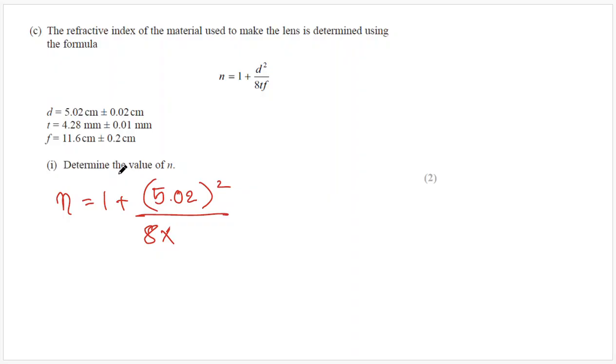And you know when it comes to refractive index, n has no units, so the units must be cancelled out. So 5.02 is in centimeters, so centimeter squared divided by, in the denominator, the quantities must be in centimeter squared as well. But when you look at t, this is in millimeters, so this is what you have to convert.